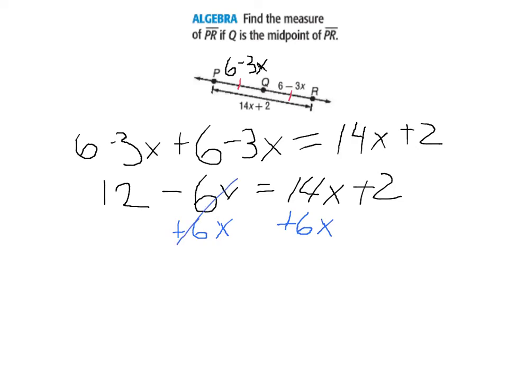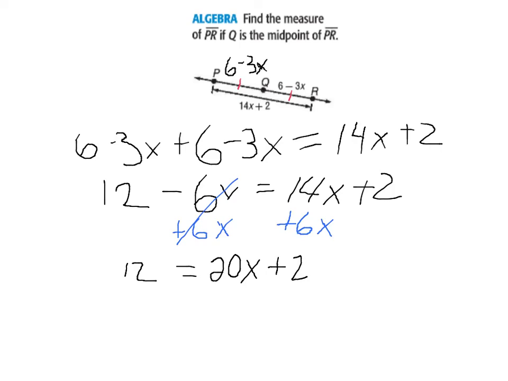So that eliminates this 6x, leaves me with 12 equals 14x and 6x is 20x, plus 2.